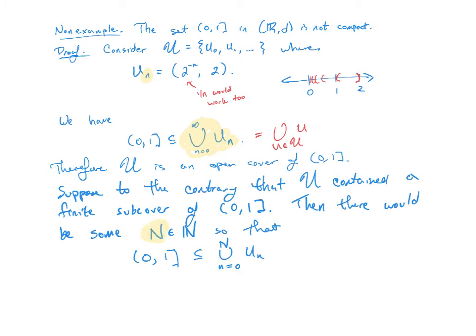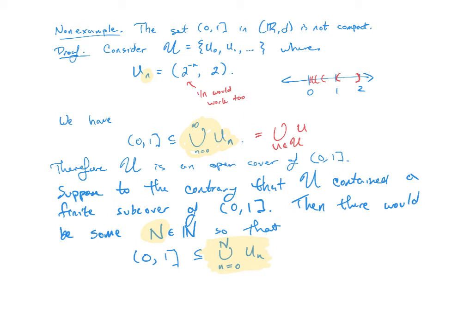Now I'm going to consider the even larger finite subcover, where I'll just give you all of the sets with indices up to capital N. That's possibly even more than you asked for.